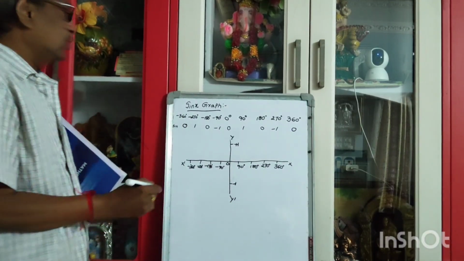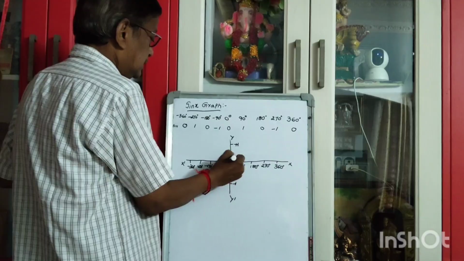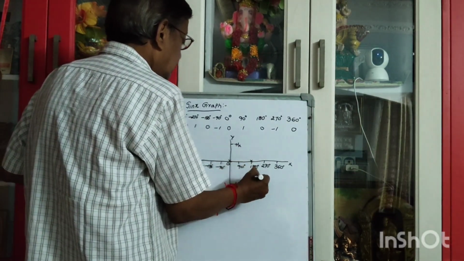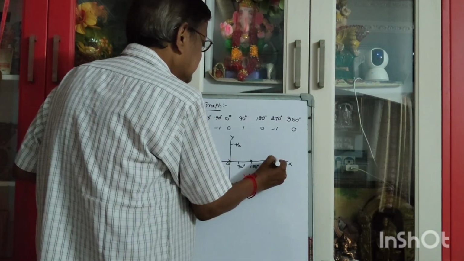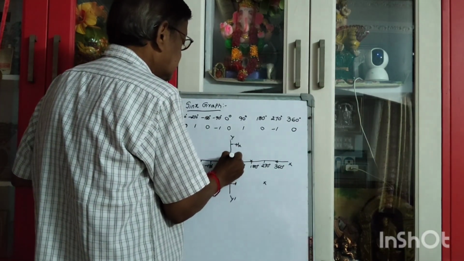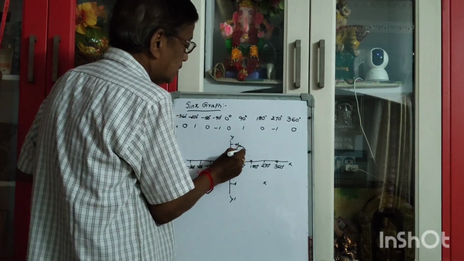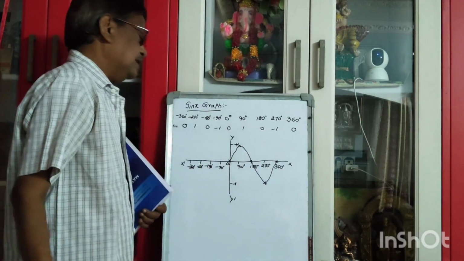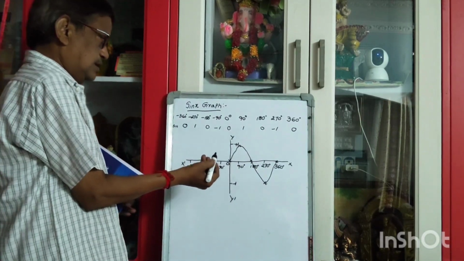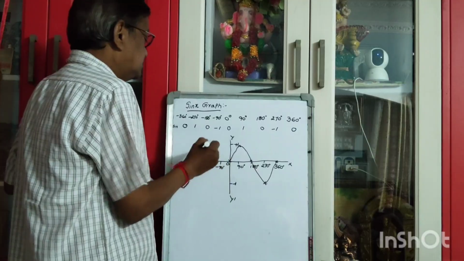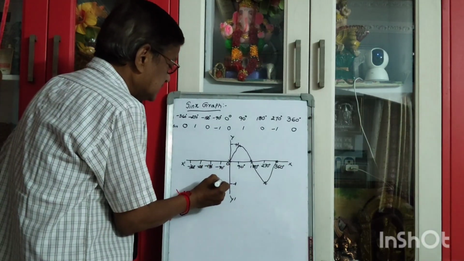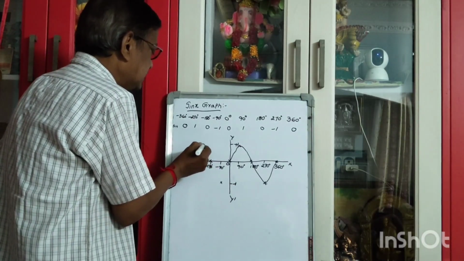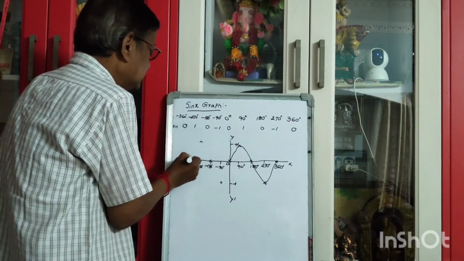Now, sin 0 is 0, sin 90 is 1, 180 is 0, 270 is minus 1, 360 is 0, like this. Here also, on the left side, sin 0 is 0, minus 90 is minus 1, minus 180 is 0, minus 270 is plus 1, minus 360 is 0.